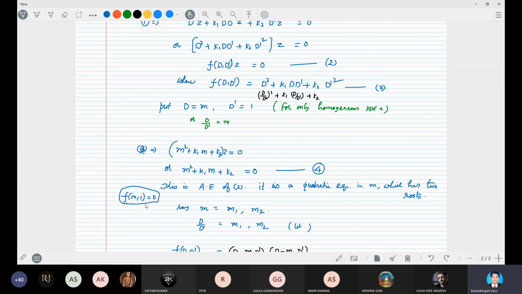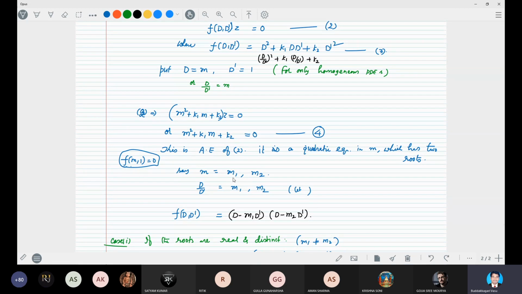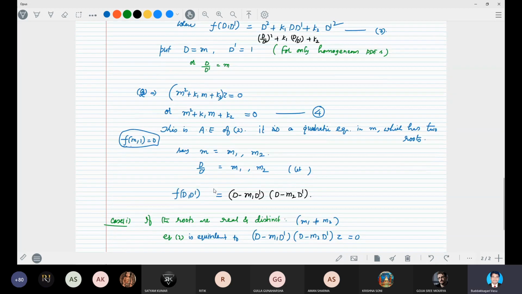Once we write the auxiliary equation, it will be a quadratic equation in m, so we can find its roots, which may be considered m1, m2. They are the values of D by D dash.